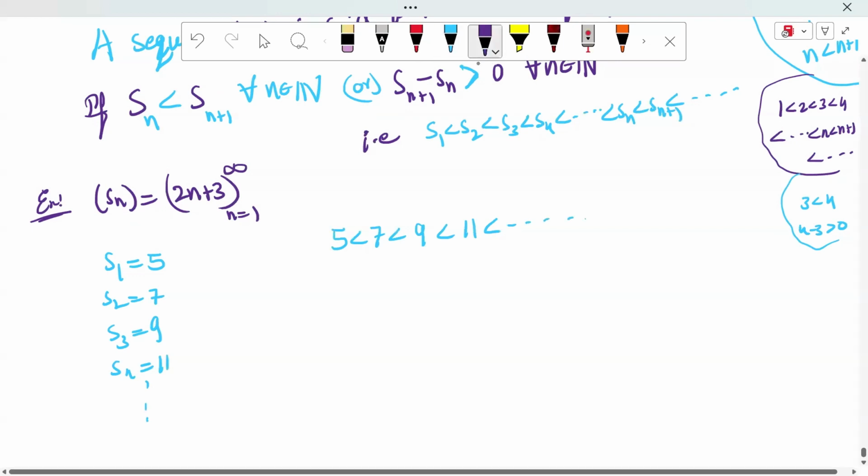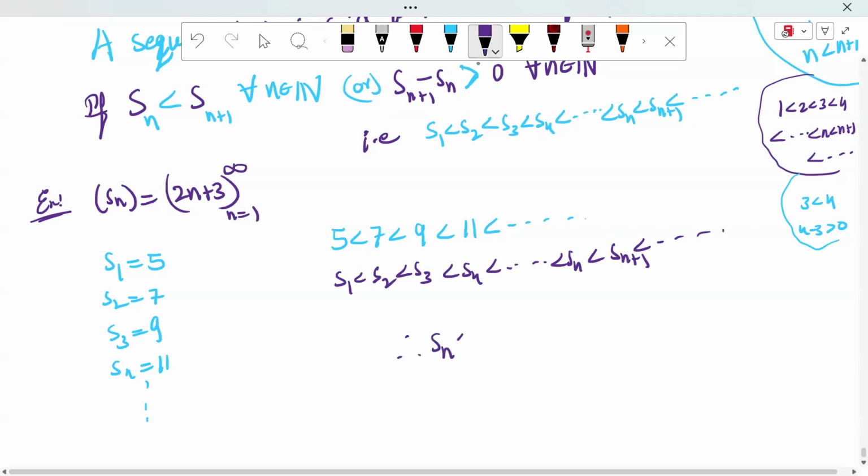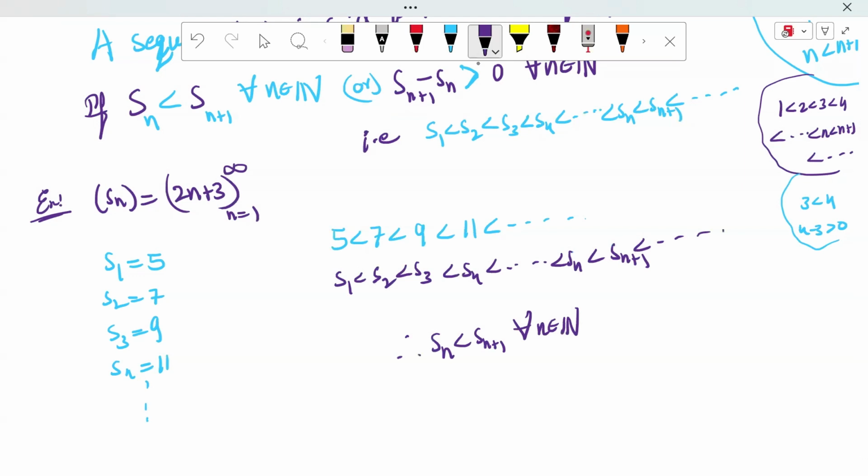It's nothing but S1 is less than S2 is less than S3 is less than S4 up to so on, less than Sn less than Sn plus 1, up to so on. Therefore, Sn is less than Sn plus 1 for all n belongs to natural number, because the terms of the sequence are increasing.